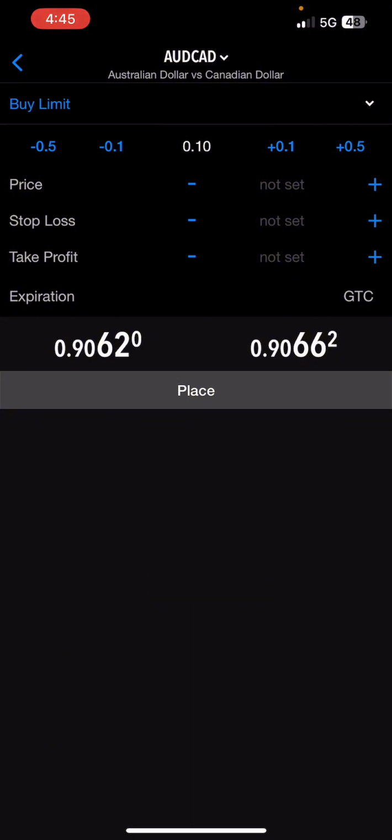What does that mean? Think of it like a lot, a plot of land. The size of which you want to buy. So if somebody is buying at 0.1 and another person is buying at 0.01, the person that is buying at 0.1 is taking more risks and is going to make more money compared to someone buying at 0.01.